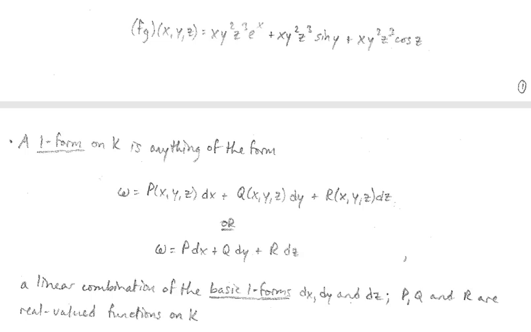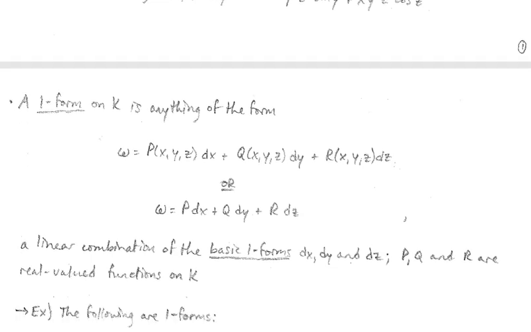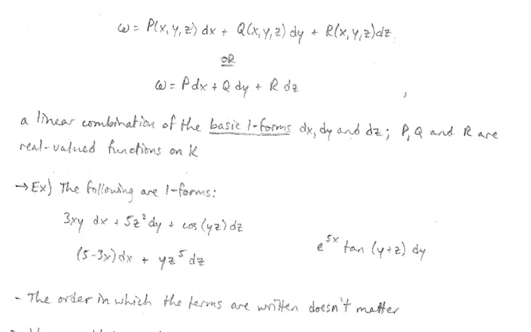Now, you don't have to have a dx, a dy, and a dz showing up in there for it to be a one form. As long as each term in your differential form has one of these in there, then you have a one form. So these are all examples of differential one forms. The first example here on the left has all three: something times dx, plus something times dy, plus something times dz. The one below it has something times dx, plus something times dz. That's still okay.